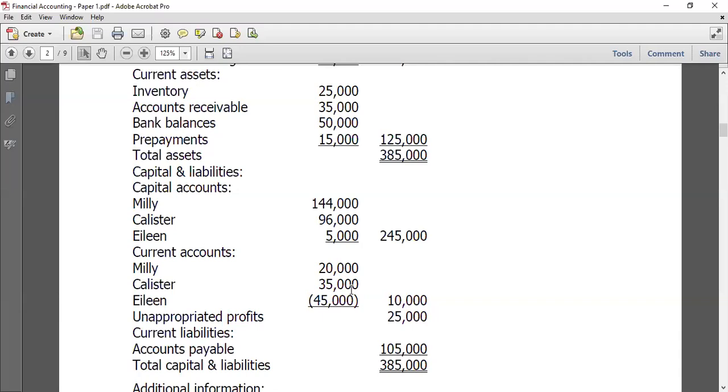Remember the current account has a normal credit balance. So if we have a credit balance, for example for Miriam and Calista, we shall debit the current account and then credit the capital account. And for Ellen, we shall debit our capital account. So this is what is going to happen.